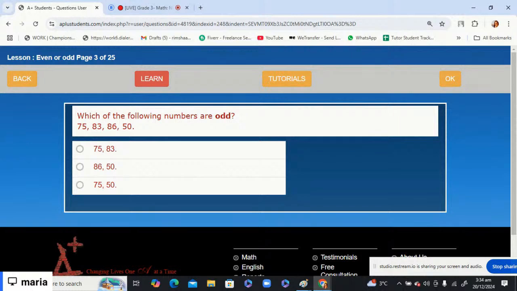Then for 83, 3 is involved in it. These both are odd. Check for 86. 6 is involved here. It's even. Now for the 50, it's 0. You can check the second digit, okay? For the 50, 0 is involved. This is also even. So the only odd numbers given here are 75 and 83.